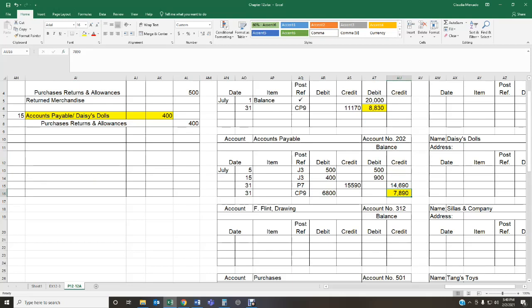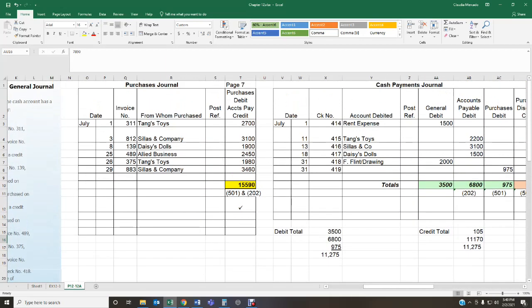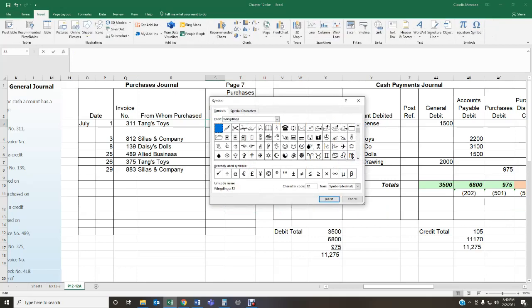Then we had a withdrawal by the owner. So that withdrawal, we need to go back and we need to go see. Let me see. I'm going to put these over here. That's why we have our post reference. Home, insert, simple.